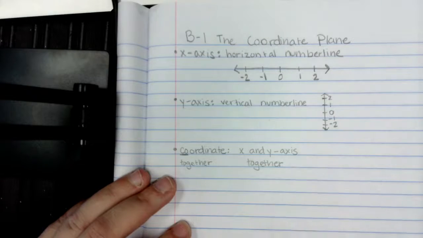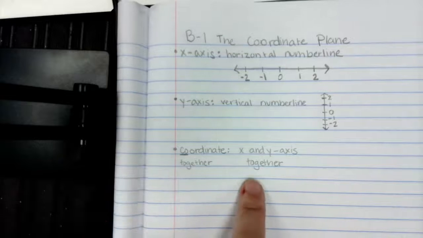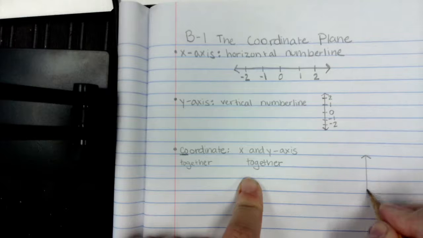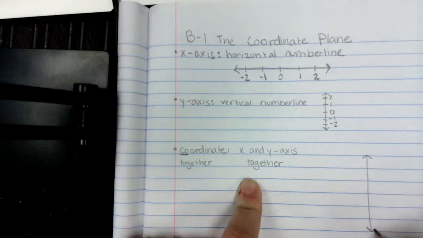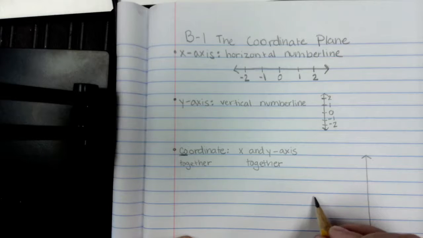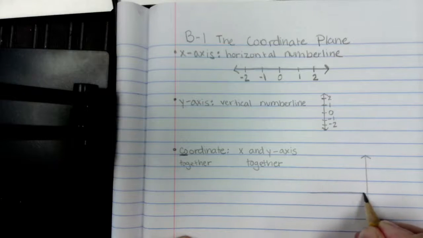So it's really the space that's made by that. So we're going to have the y-axis going up and down. You can draw this one a little bit bigger because we're going to put some words over on the side here. And then we have the x-axis going sideways this way.